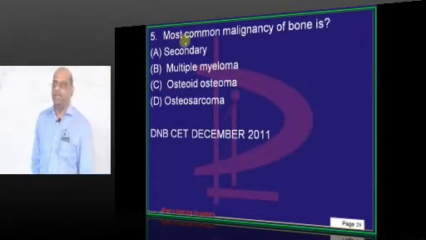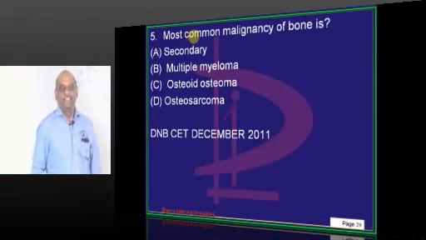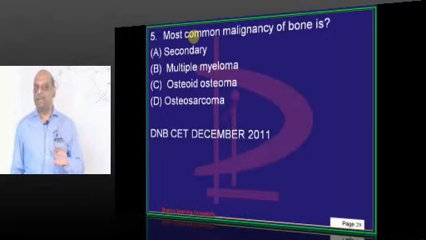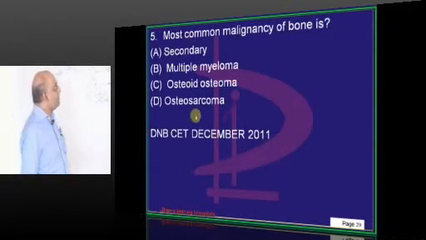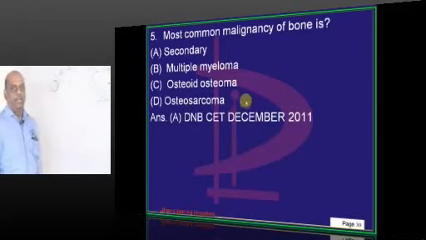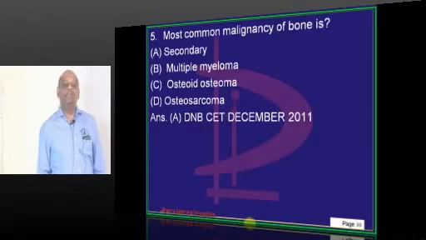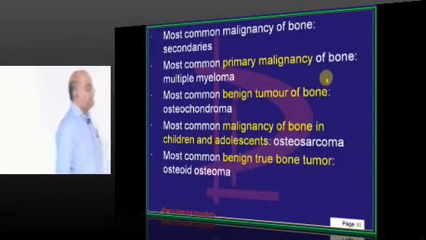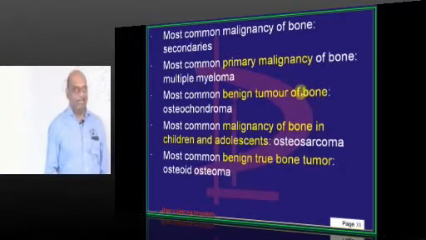Now comes the most commonology of orthopedics. There are some 7-8 most commons. If you didn't know that, you are not the most common guy to be in the top 100 ranks. Be very sure. So what is the most common malignancy of the bone? Secondaries are the most common if they say only malignancy. But what is the most common primary malignancy of the bone?